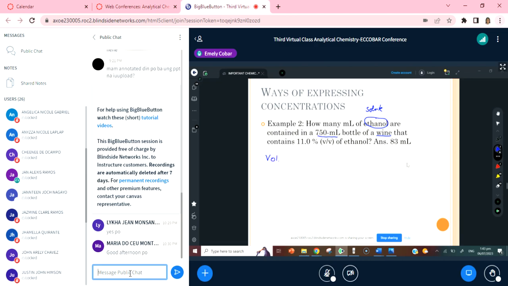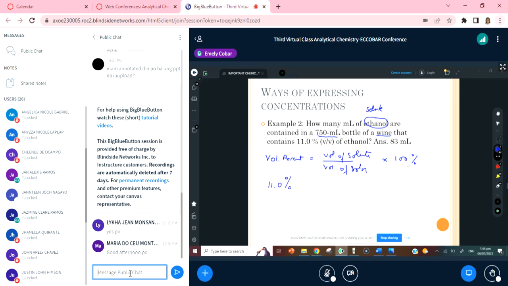Sa formula, volume percent is equal to volume of solute over volume of solution times 100%.